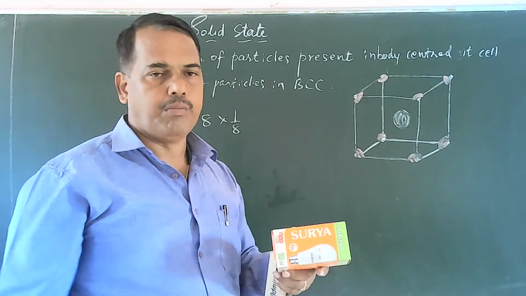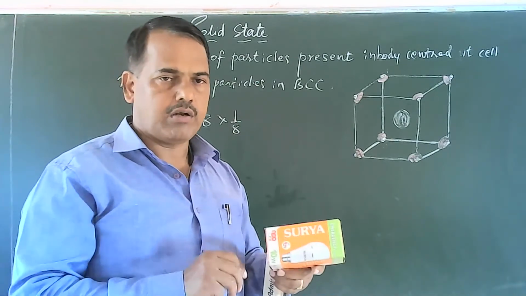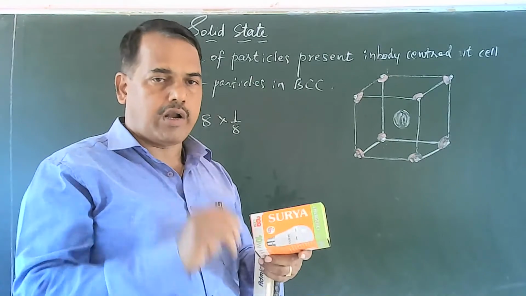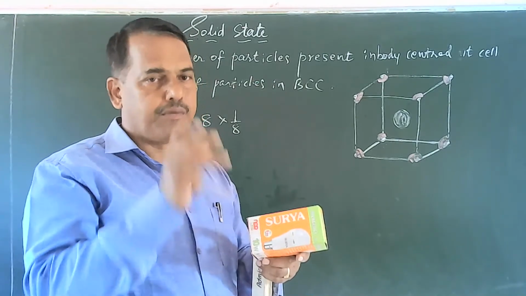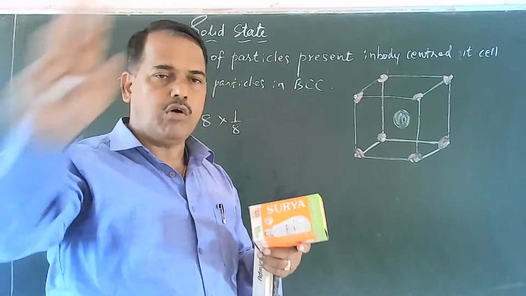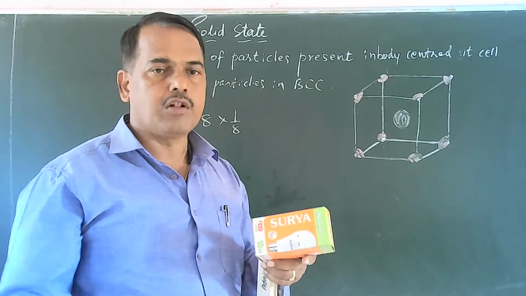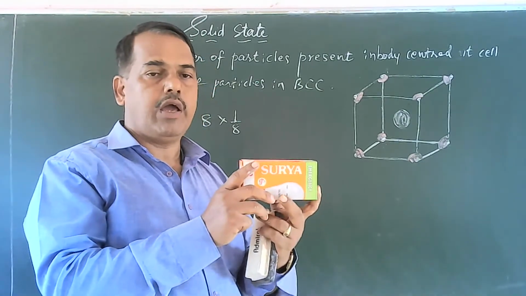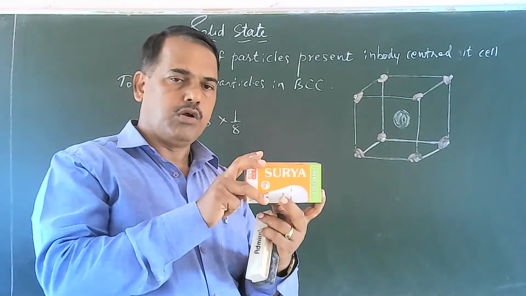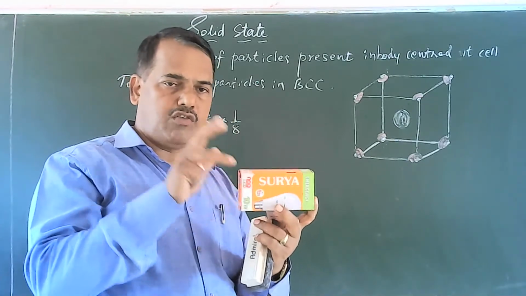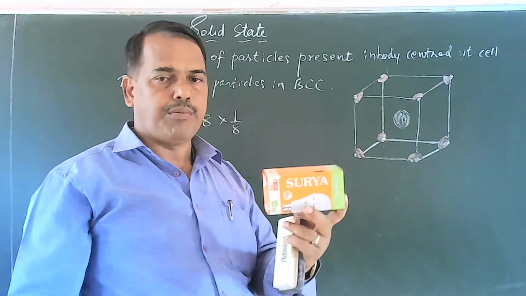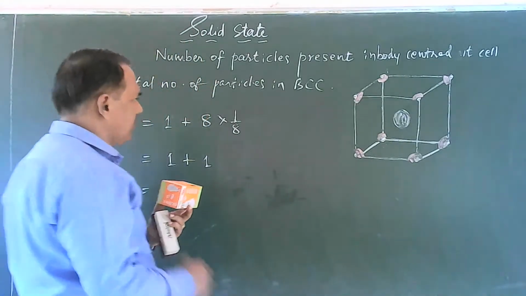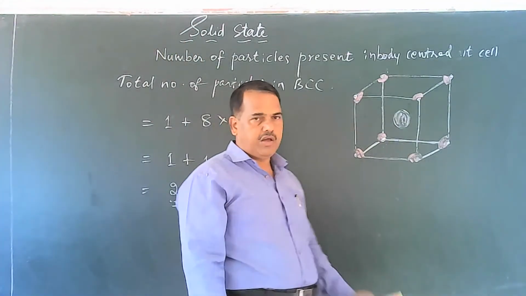And what do you mean by phase center cube? It is nothing but the particles present at phases, including the corner particles. So that is nothing but a phase center cube. The total number of particles present in FCC, observe the diagram here.